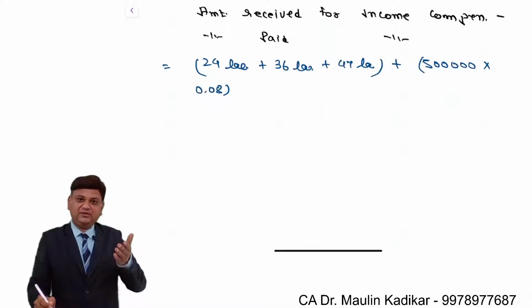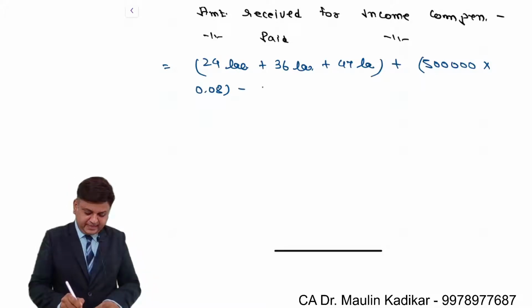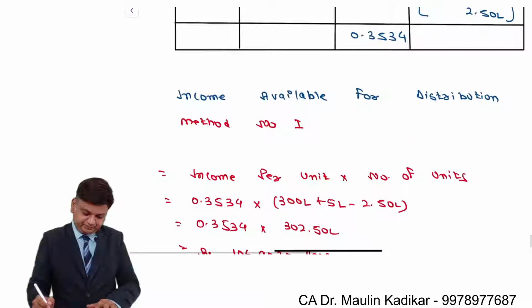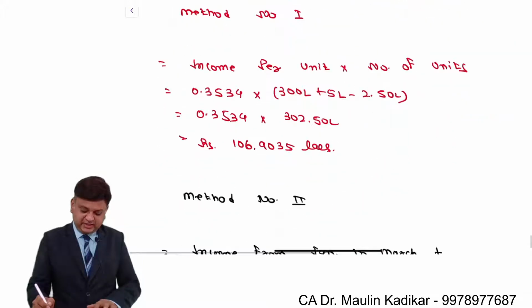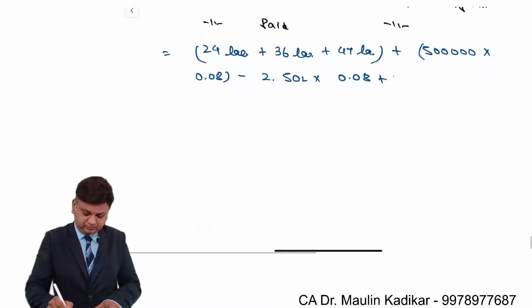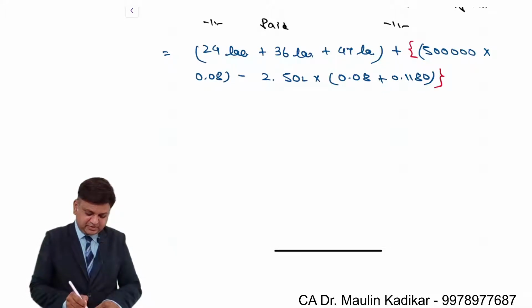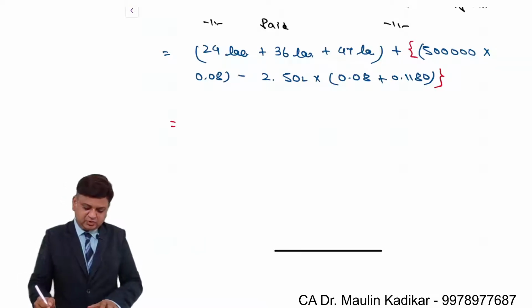That is what we have recovered from them. Minus 2,50,000 into, we have paid, 8 paise and 11.8 paise. This is the way we are required to make the computation of the answer. So kindly use your calculator.